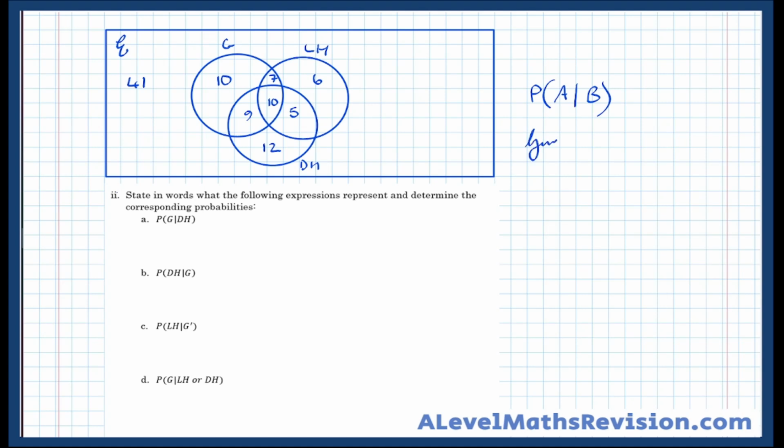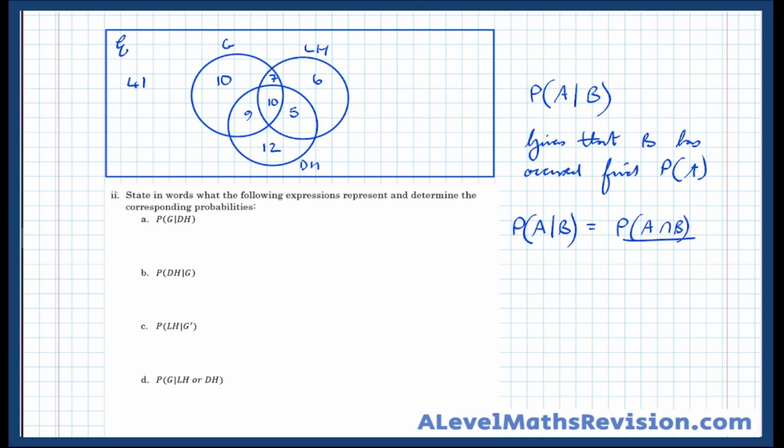That means that given that B has occurred, find the probability of A. So find the probability of A given B means that given that B has occurred, find the probability that A also occurred. Now, what you'll see if you have a look at your formula booklet is that the probability of A given B is equal to the probability of A intersection B over the P of B.